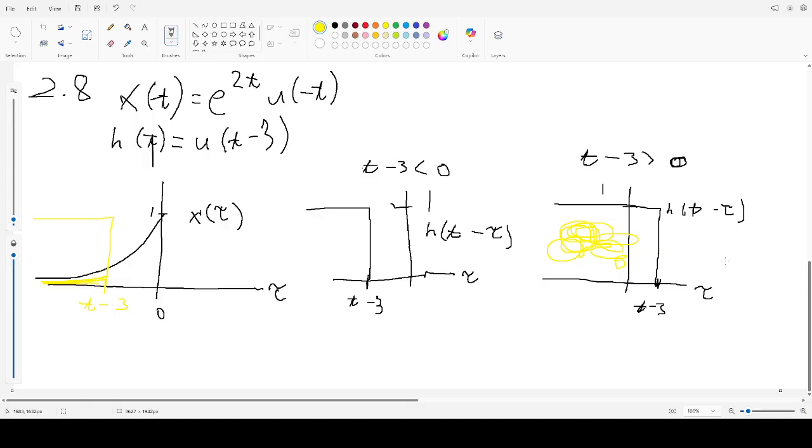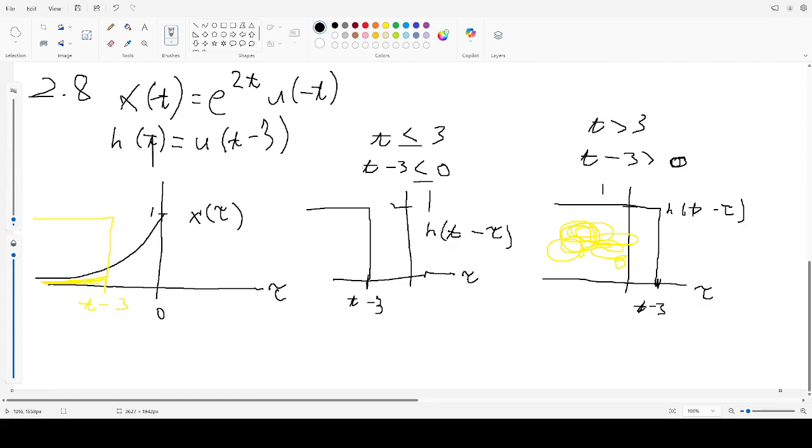Let's write this instead as t less than or equal to 3 and t greater than 3.